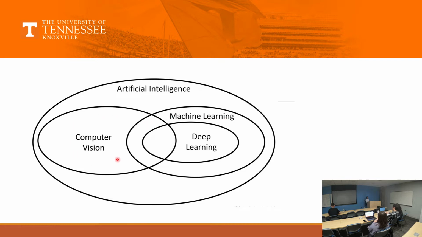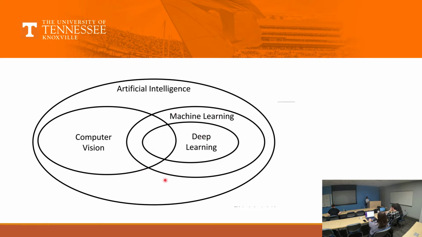Computer vision, as I told you, is a subunit under artificial intelligence, and it also does a lot of other programming things than your deep learning and machine learning. Most of the other computer vision branches are not involving machine learning and deep learning, but some of them are. So there is an overlap between them.